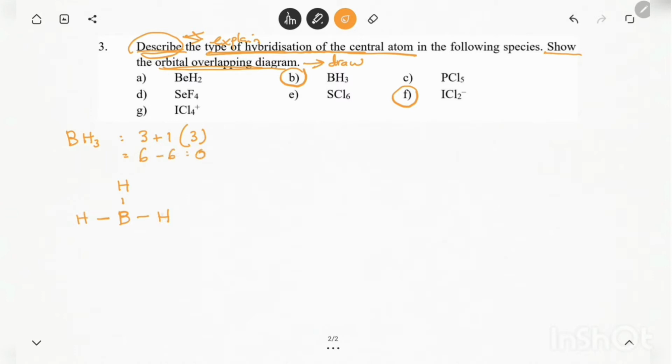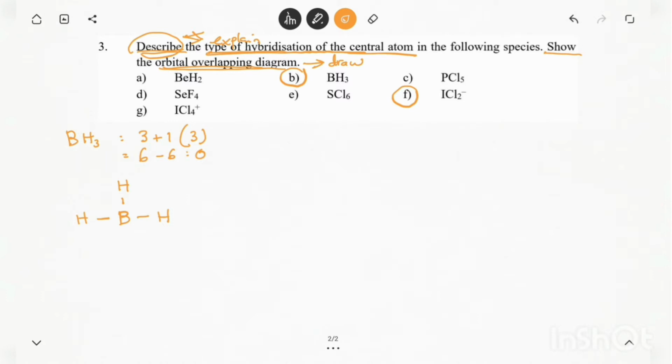So duplet for each hydrogen atom. Boron hasn't achieved octet configuration, but boron is an incomplete octet, an exception to the octet rule. The elements involved are boron, beryllium and aluminium. So this is the most stable structure for BH3.